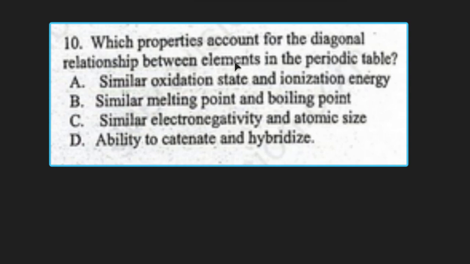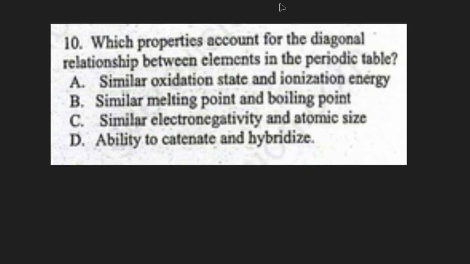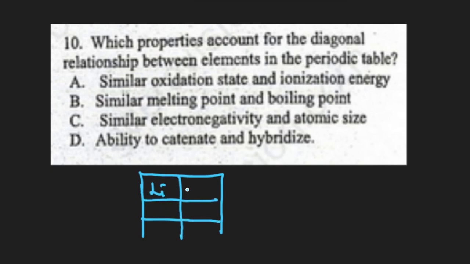Question 10. Which properties account for the diagonal relationship between elements in the periodic table? For diagonal relationship, it arises due to similarity in electronegativity and atomic sizes of atoms. In diagonal relationship, we have elements arranged like this. Let's say this is for the s block, where we have lithium, we have beryllium, here we have sodium, here we have magnesium.